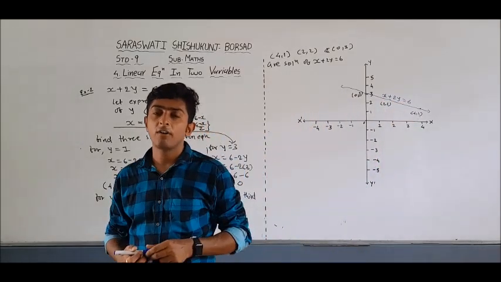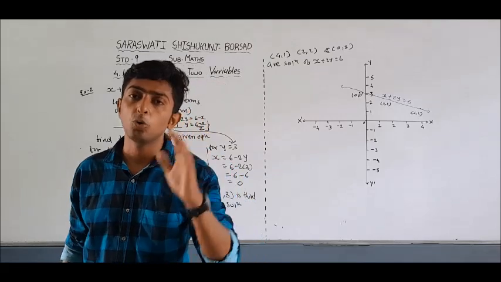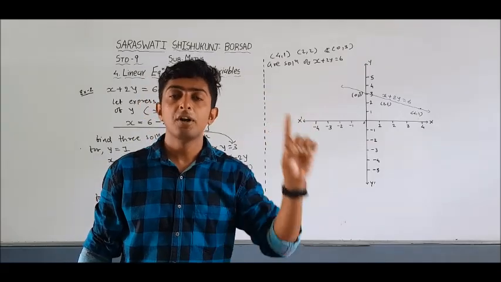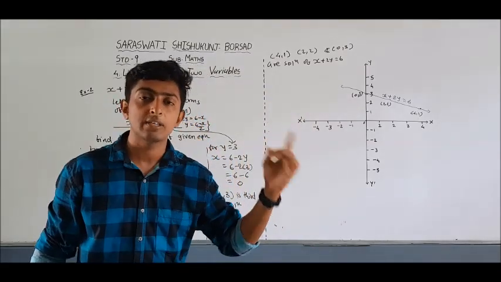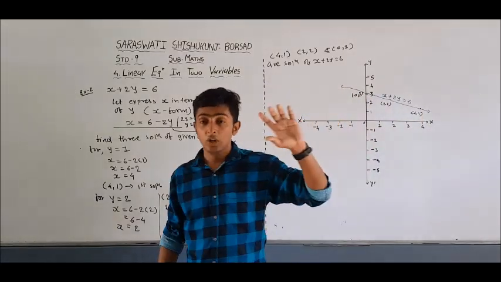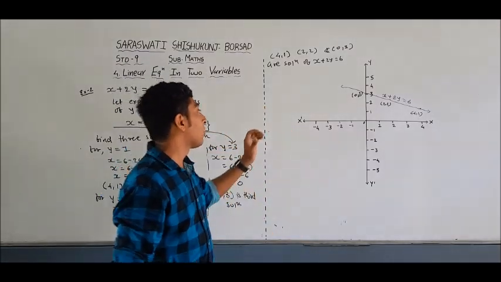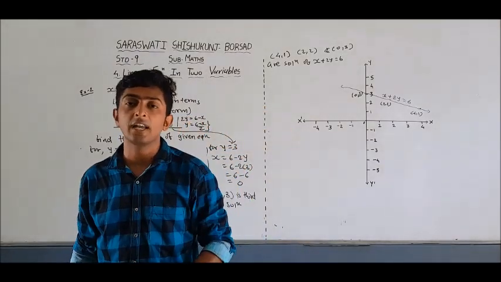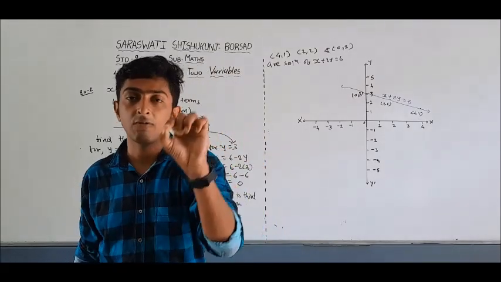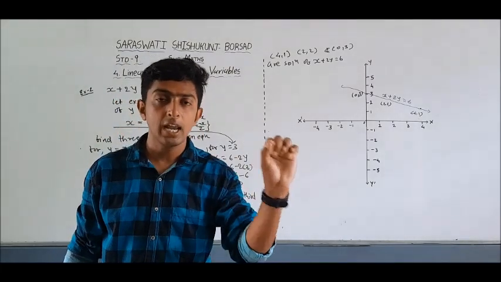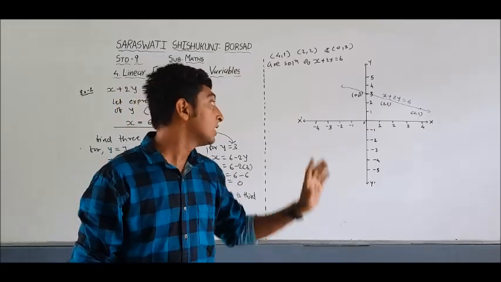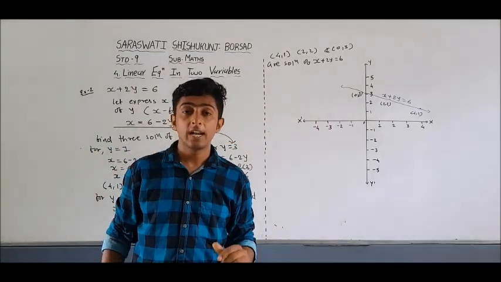Friends, remember, whenever you plot the graph of a linear equation in two variables, the graph is always a line. This is the way to plot the graph of different types of linear equations in two variables. And remember once again, a linear equation in one variable has a unique solution, while a linear equation in two variables has infinitely many solutions.